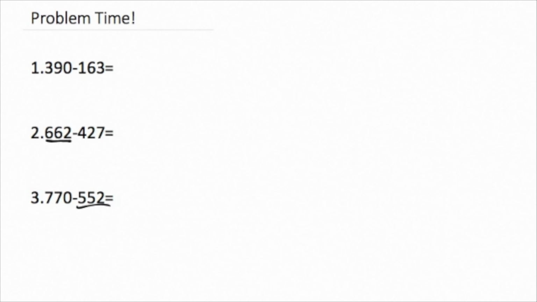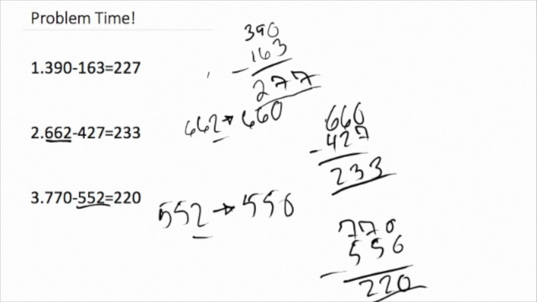So I hope you paused and answered the problems so we can go over them. In 3, 2, 1, I'll be revealing them. Okay, the first answer to the problem is 277.